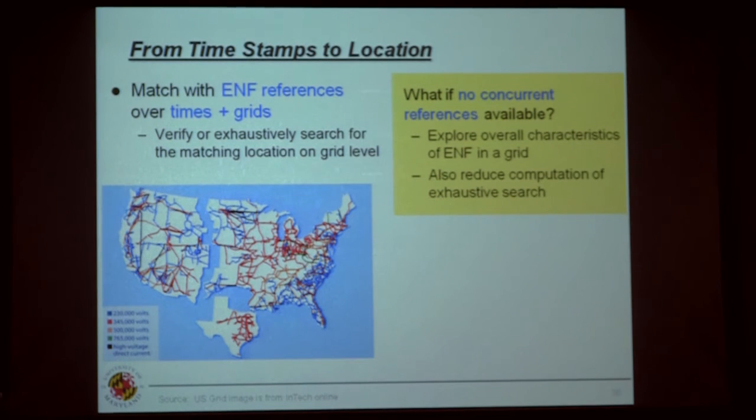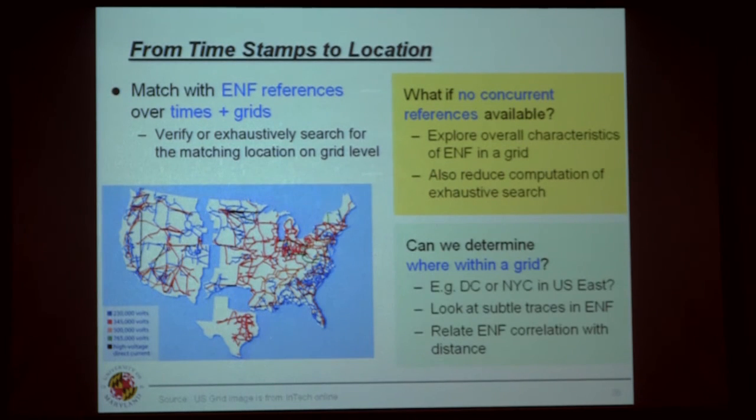The intriguing question I was wondering is, could we ever use ENF to differentiate different locations within the same grid? Can we tell apart that this recording was made in DC, not in New York City? Our intuition is that if the fridge in my house got turned on, my light flickers, but it would not affect yours. So there are some local phenomena that we could potentially take advantage of, and something maybe unique to a particular location.